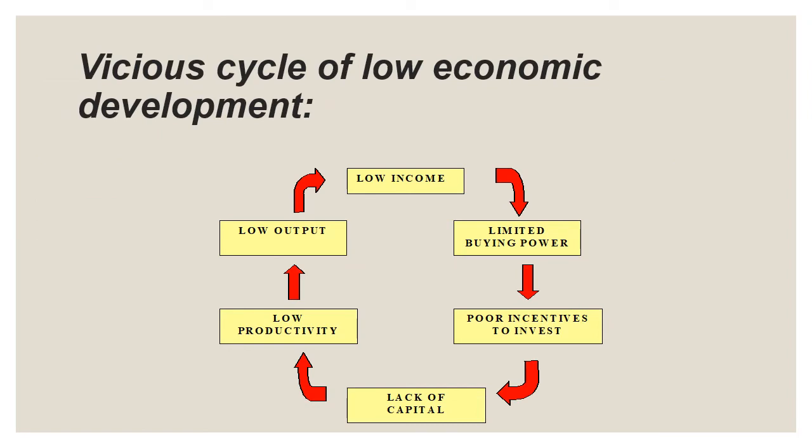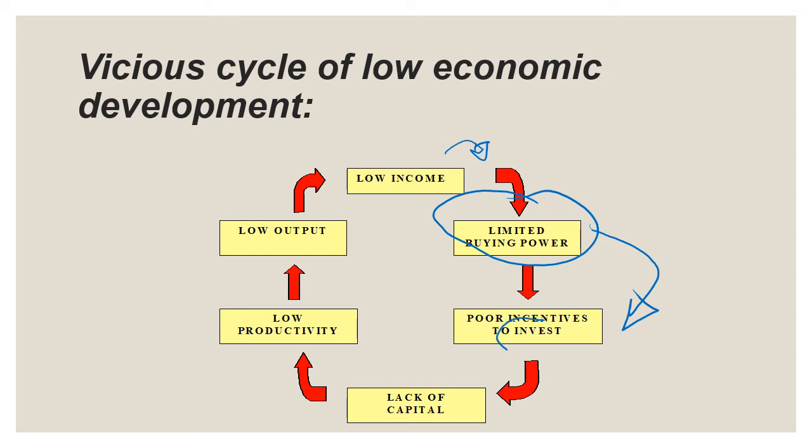now this is the vicious cycle of low economic development, or of poverty. So how can countries become trapped in low economic development? First of all, they have low income. When you have low income, it means you cannot spend or purchase enough goods and services, so you have limited buying power. Because of that, you don't have enough money to spend. You have poor incentives or motives to invest.